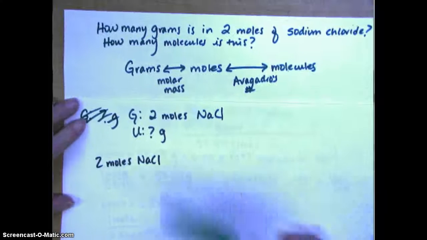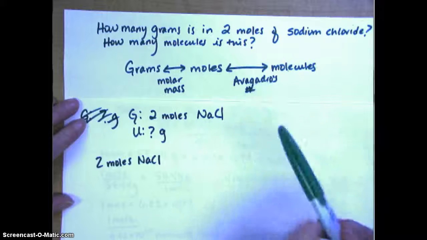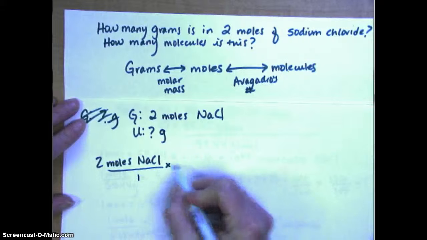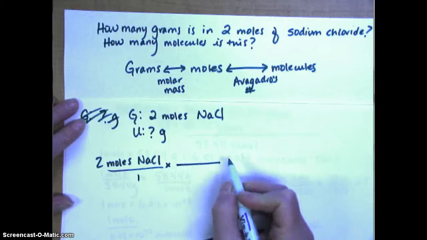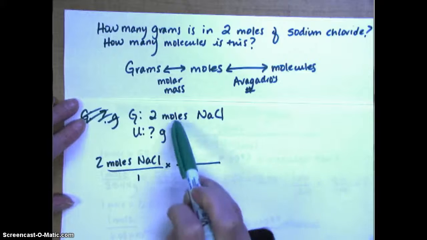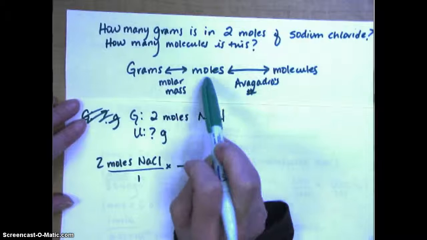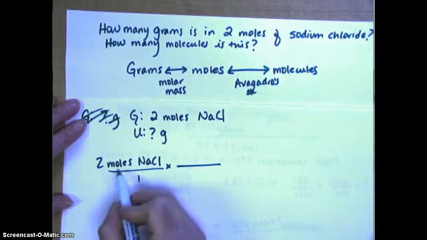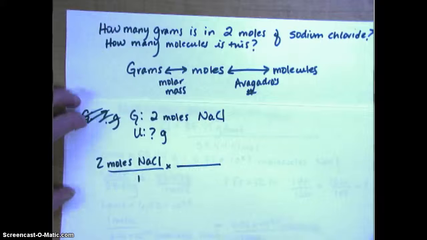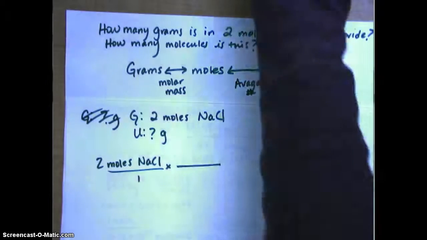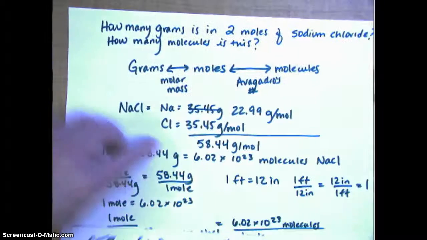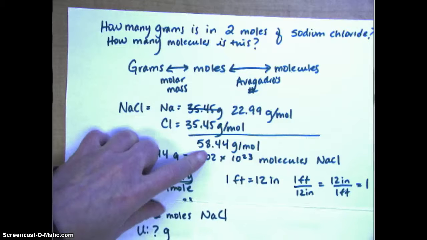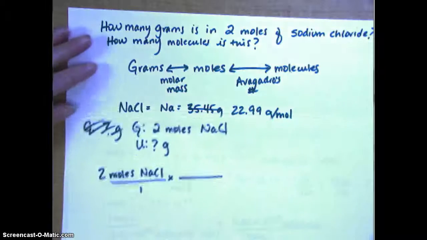And then you're going to refer to your handy dandy chart that you will memorize. And remember, this is over 1. And you're going to have to multiply it by a conversion factor that goes from moles to grams. So if we go up here from moles to grams, we have to use molar mass. Since moles is on the top here, we figured out the molar mass earlier. The molar mass is 58.44 grams.